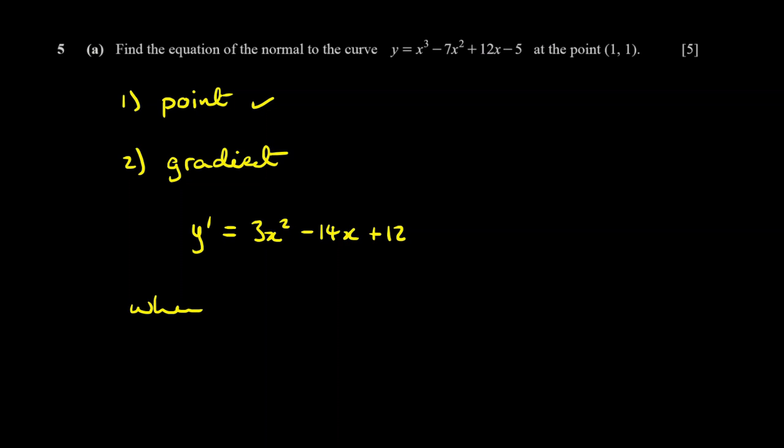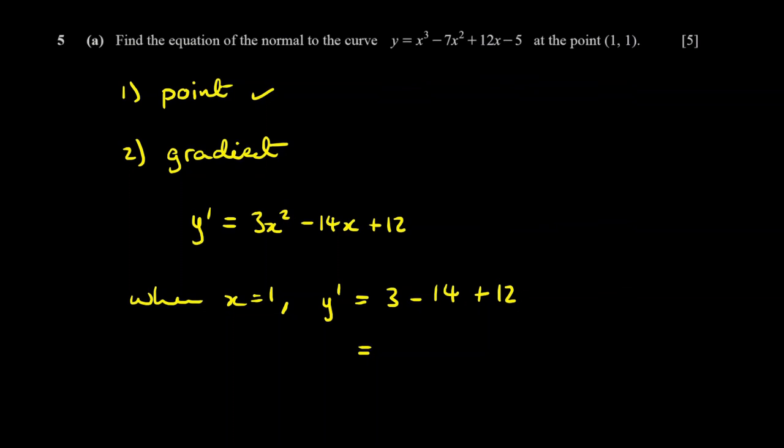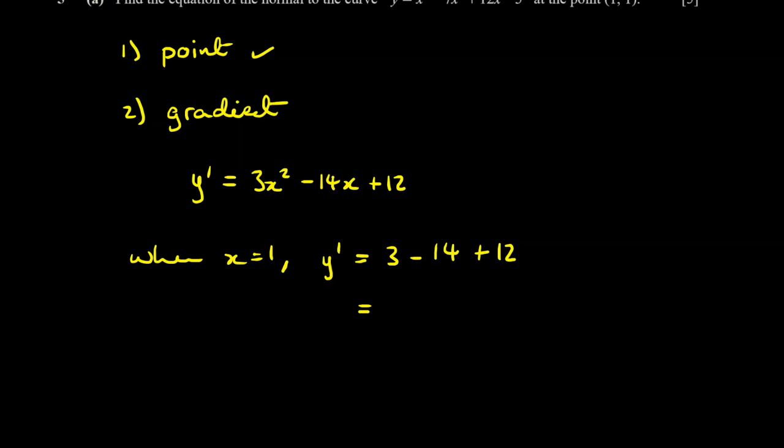So when x is equal to 1, dy/dx is equal to 3 times 1 squared, which is 3, minus 14 times 1, which is minus 14, plus 12. If we do all of that, minus 14 plus 12 is minus 2, and 3 minus 2 is 1. So that's going to tell us the gradient of the tangent there is equal to 1.